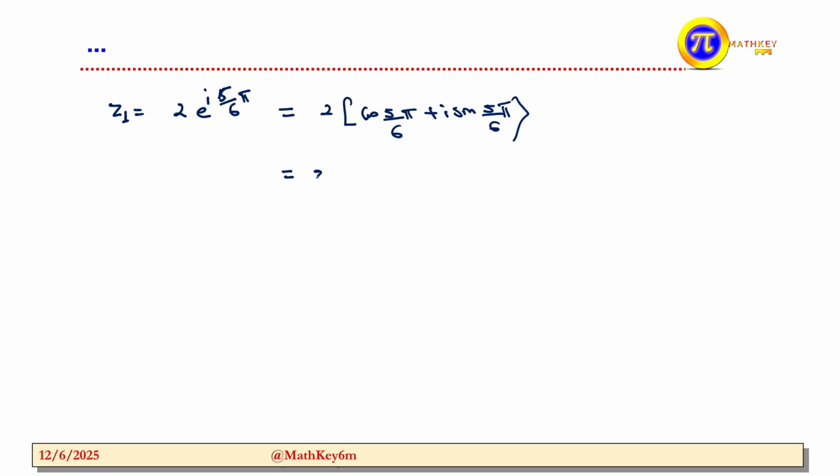So the value for cos is negative. Cos of 5 over 6 pi is equal to negative root 3 over 2, plus sine is positive in the second quadrant and equivalent to sine of 30 degrees, which is equal to half. Again, we can distribute this by 2. This becomes negative root 3 plus i.